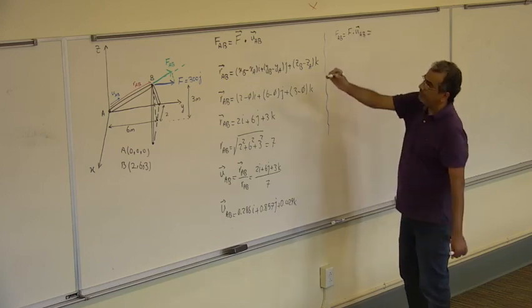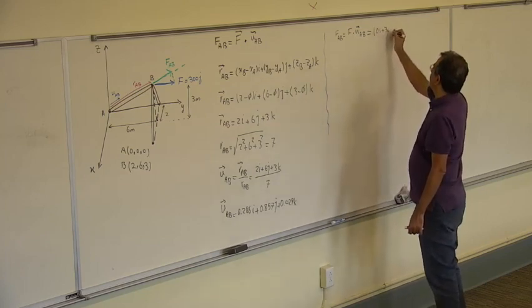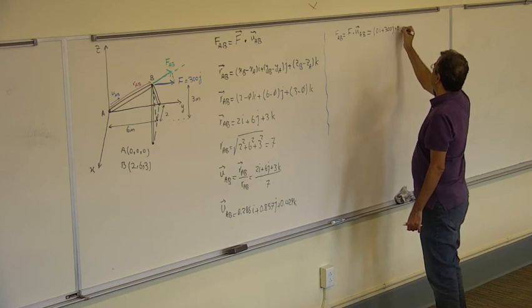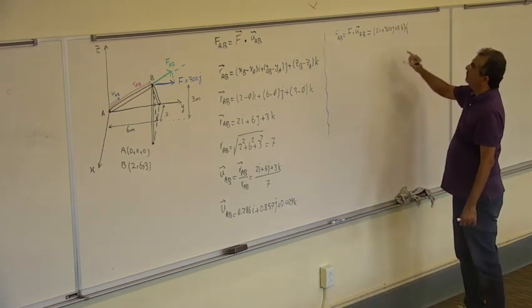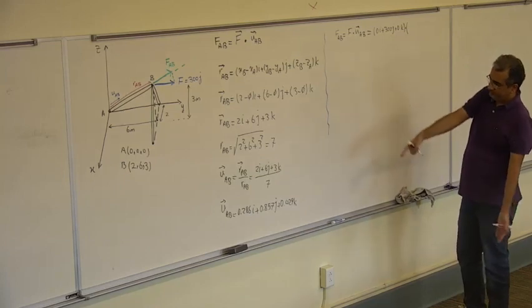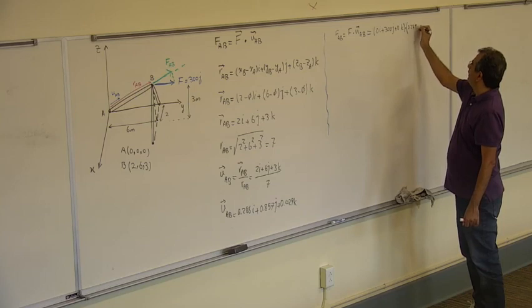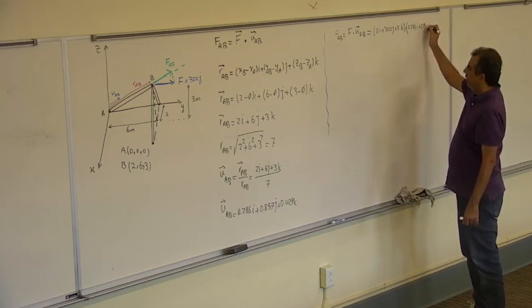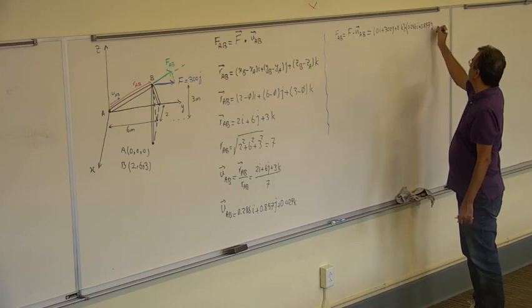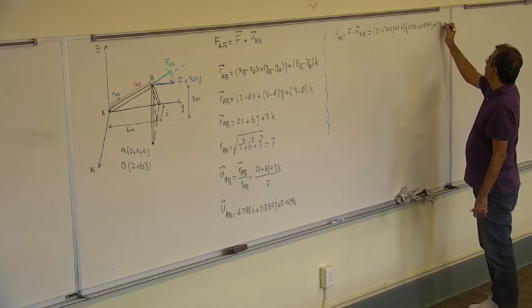F is 0I plus 300J plus 0K, and UAB is 0.286I plus 0.857J plus 0.429K.